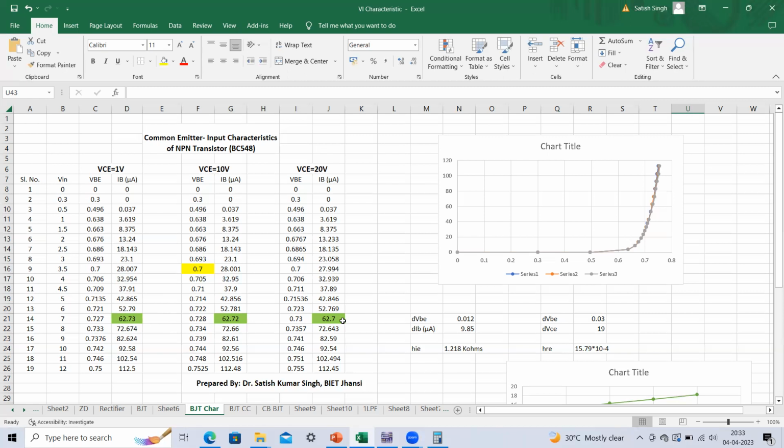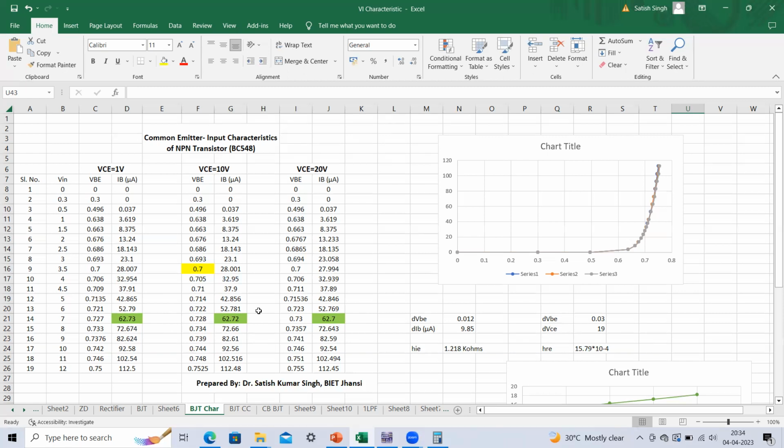So while conducting the experiment, if you specifically want to calculate these hybrid parameters, you have to remember that we have to get constant currents. Constant current you have to obtain, and then accordingly you have to calculate the deviation in this VBE and the deviation in the VCE.